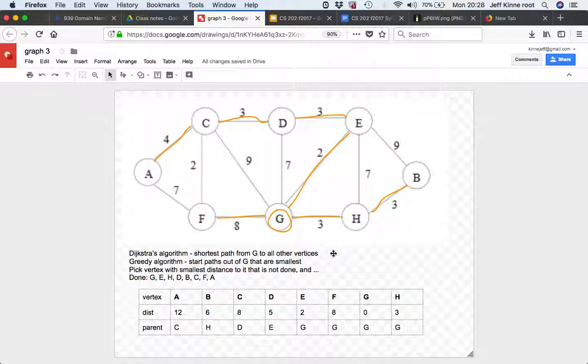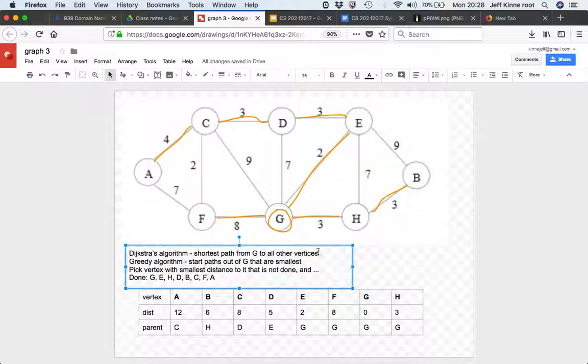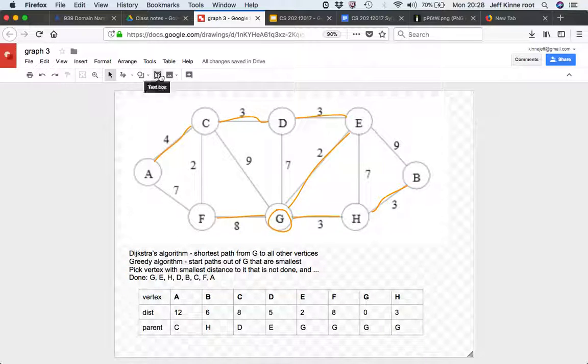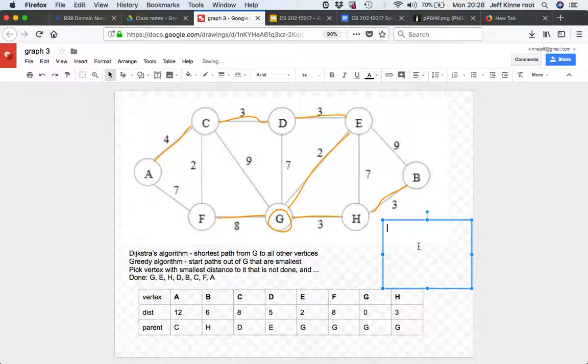Okay, so this algorithm, I'll put another text box over here with some other notes. It's guaranteed to work if all the weights are non-negative. As long as the weights are non-negative, it's supposed to work.